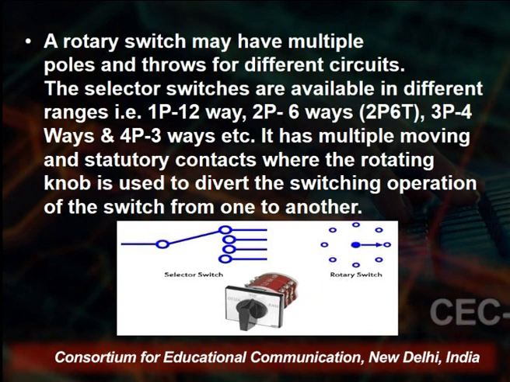The selector switches are available in different ranges like 1P 12-way, 2P 6-way. 1P means 1 pole and 12 throws. 2P means 2 poles and 6 ways, 6 throws. 3P 4 ways, 3 poles and 4 throws. 4P 3 ways, etc. As per requirement, the switches are designed.